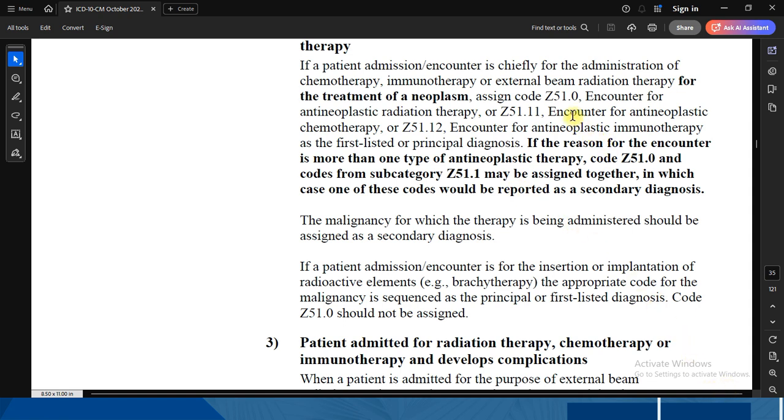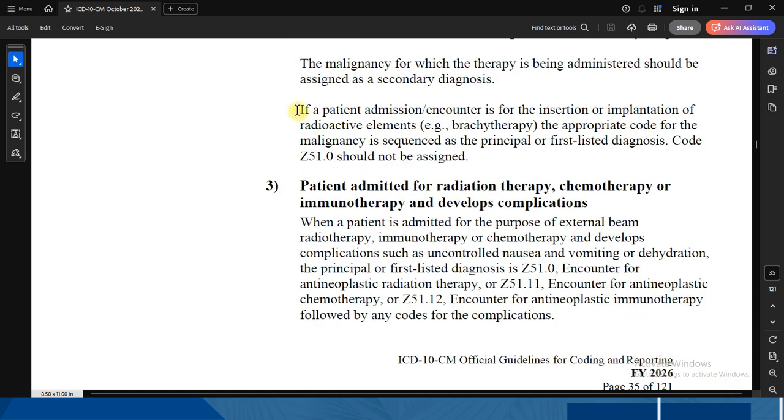For example, the patient is having breast cancer, and today came in for radiation therapy as well as chemotherapy. So you can code Z51.0, antineoplastic radiation therapy, as the PDX, and also code Z51.11, encounter for antineoplastic chemotherapy, as the secondary diagnosis, and after that you can code the breast cancer ICD-10-CM code.